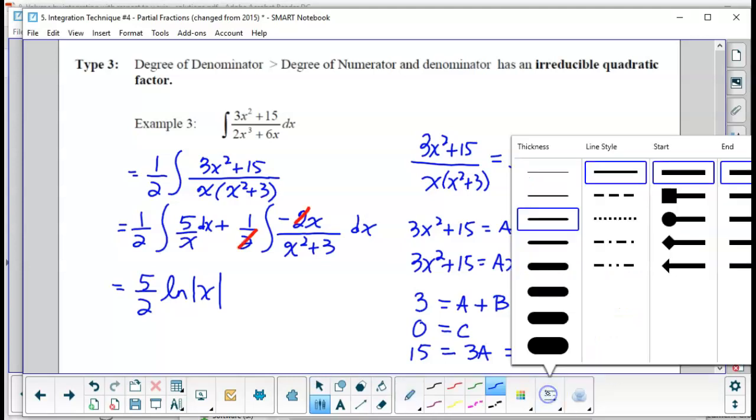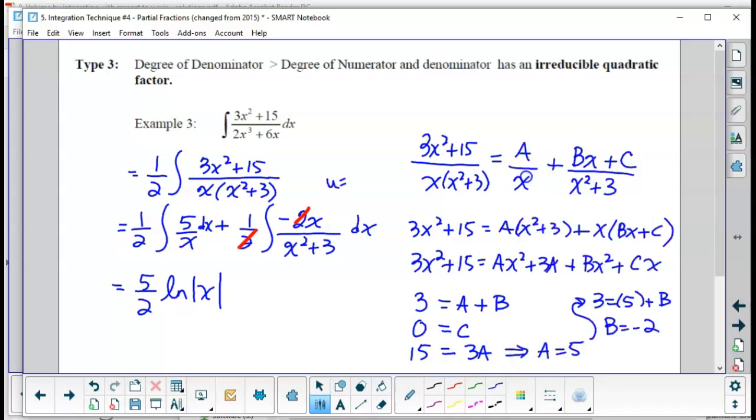and you can let u be x squared plus 3, so du would be 2x dx. So actually, I probably wouldn't divide out by that. Anyway, maybe I will. Half du equals x dx. So, got a minus. Then the half, because there's the x dx, integral of 1 over u du.